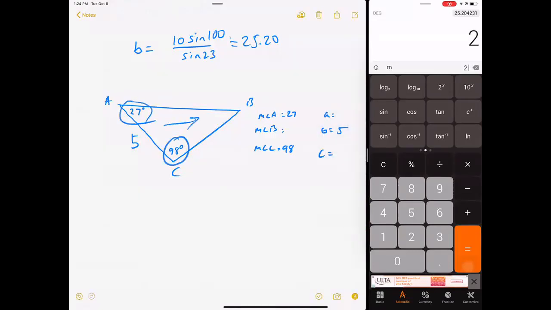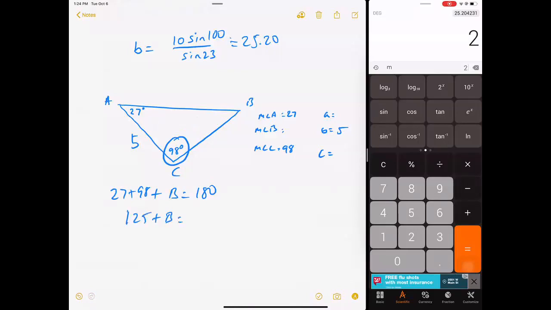We can. So 27 plus 98 plus B is equal to 180. So B has to be, this is 125 plus B is 180. So we're looking at B is 55 degrees.